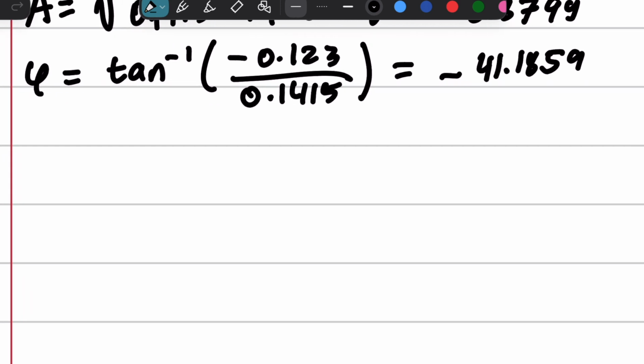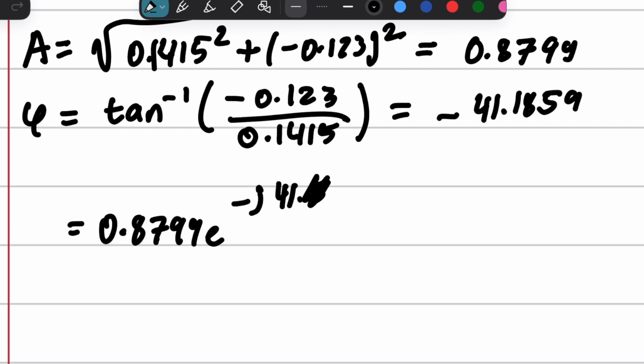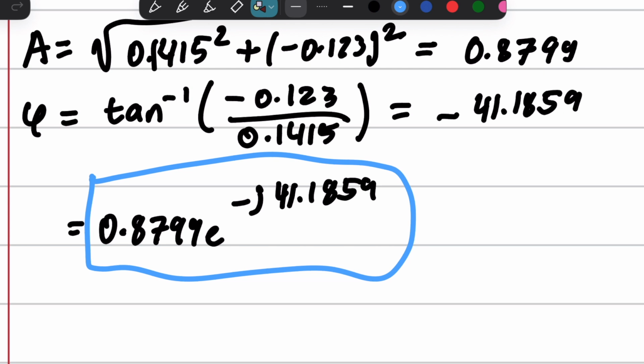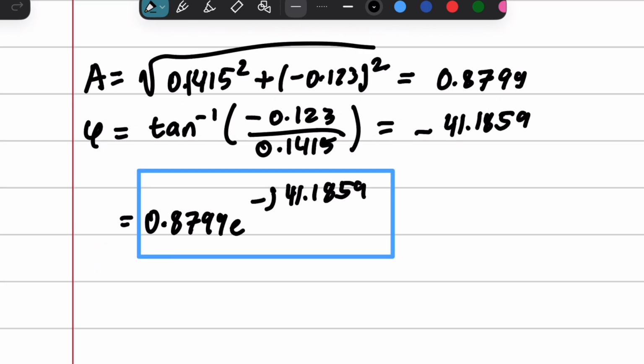And when we put this into our form, the answer will be 0.8799 e to the negative j 41.1859. I did these calculations earlier, and I have my calculator out right now, but I guess I made some mistakes while doing this as well, but this should be the right answer.